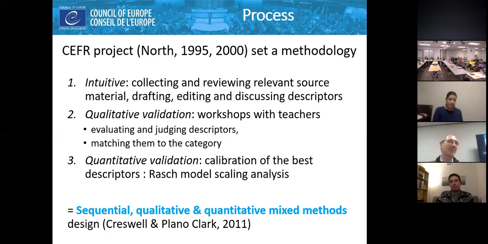So you can get them to actually rewrite the descriptors. And then the second thing is, if people have difficulty matching a descriptor to the category it's supposed to describe, there is a problem. Either there's something wrong with the categories, or there's something wrong with the descriptors, or both.